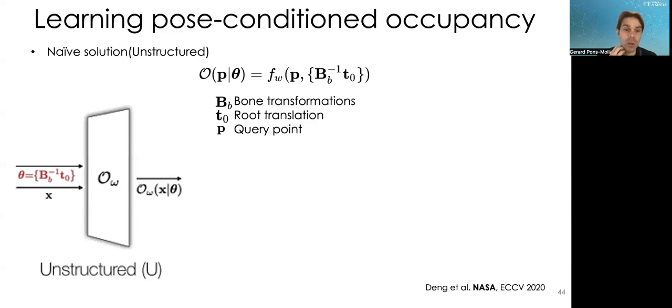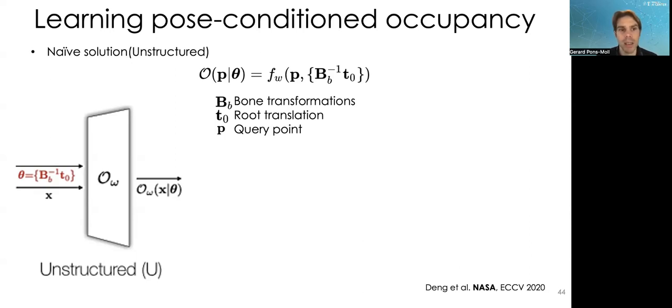attempted to predict the human surface, or an articulated surface, with a neural implicit model was NASA. The argument in this paper was that you need to reason a little bit about these articulated structures. Otherwise, it's going to be very difficult for the network to learn for every possible pose what the occupancy of the surface is, right?